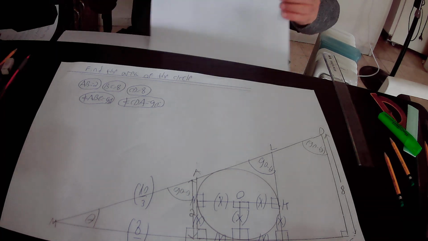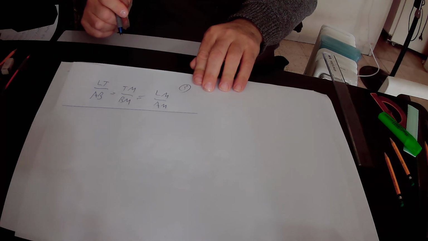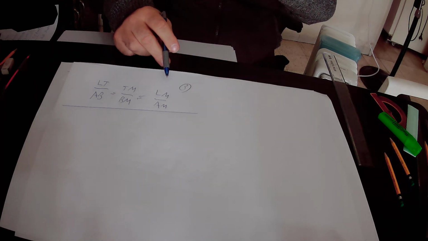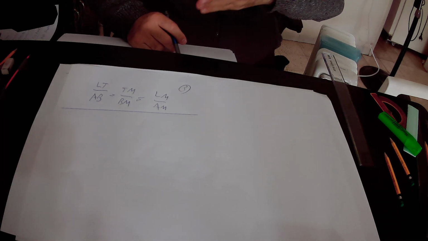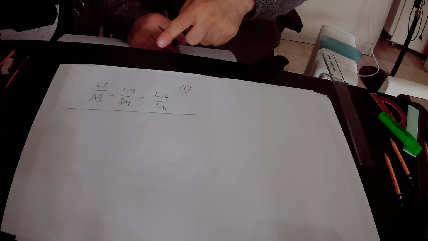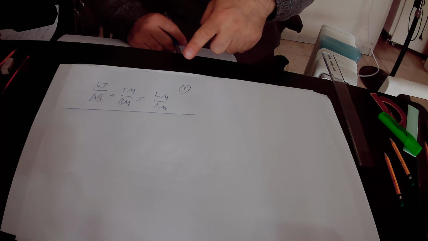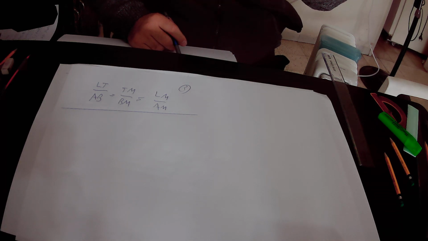And again, it also equals LM over AM. So in conclusion, we found that LT over AB equals TM over BM, and it is also equals LM over AM.